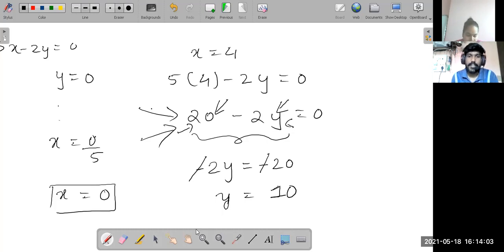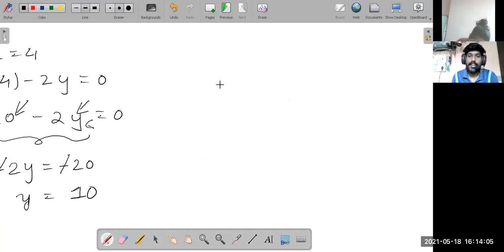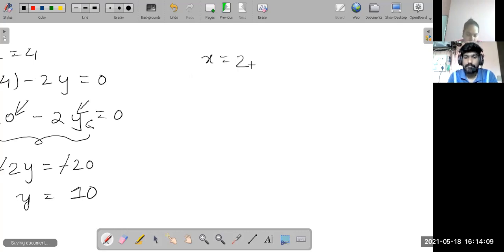Yeah, got it. In that same way, can you spot your mistake for x is equal to 2? So what will be the value of y here?